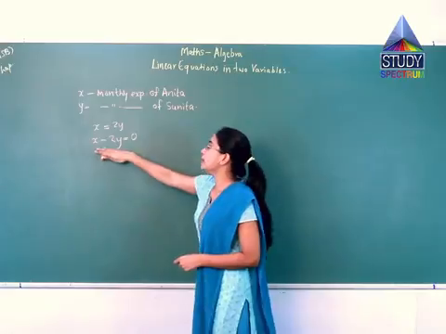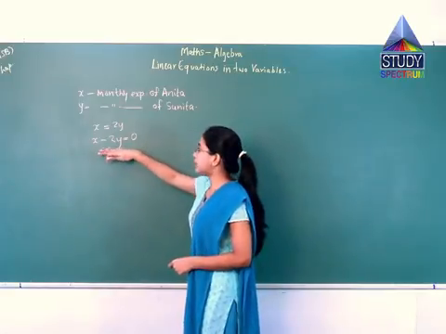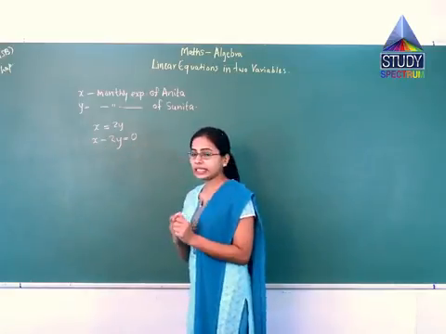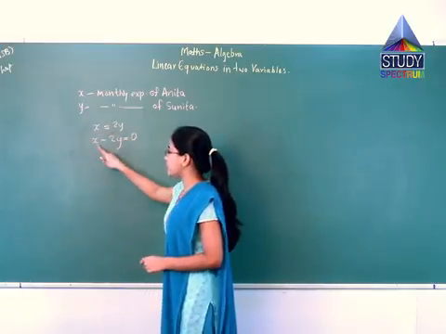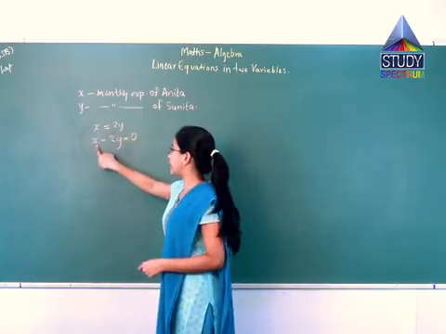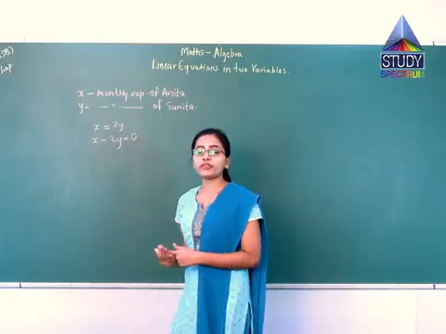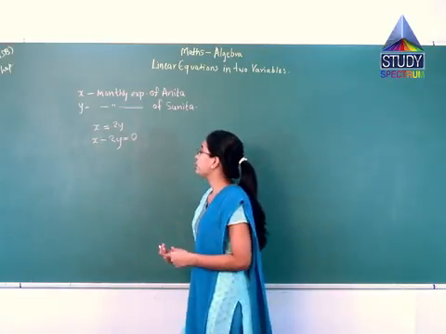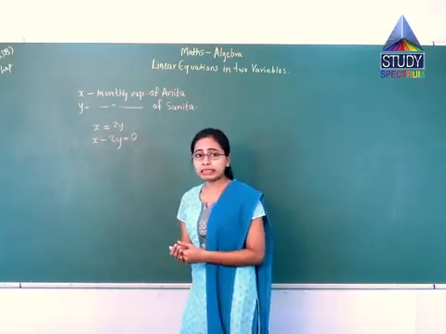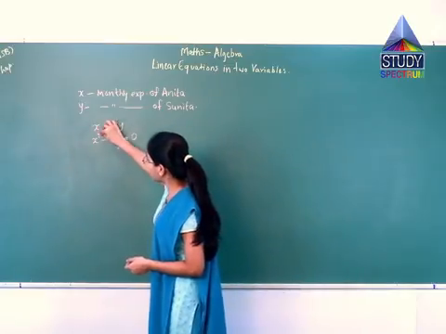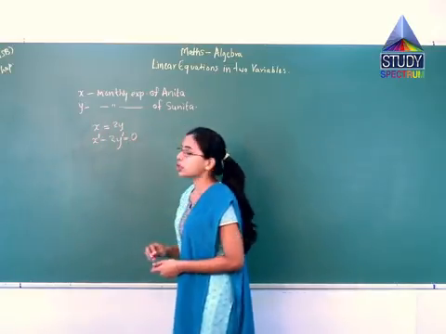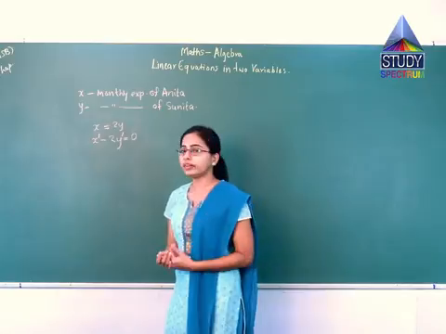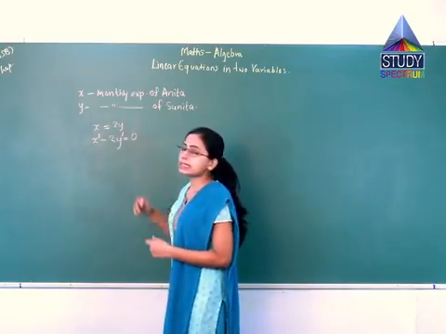Now you can see this kind of equation is actually a linear equation in two variables, means here we have two variables x and y, and the values of x and y can change. But why is it a linear equation? Because look at the powers of these two variables, both have only one power, that's why it is linear.